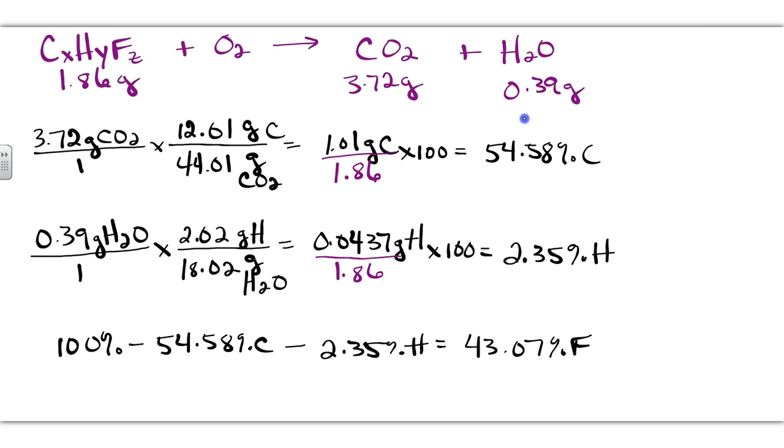Now I'm going to divide each of these by their respective molar masses. Remember, we're just considering the percent sign the same thing as a gram. Here, the molar mass of carbon is 12.01, hydrogen is 1.01, and fluorine is 19.00.